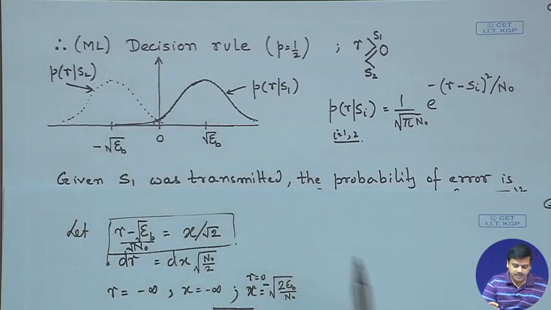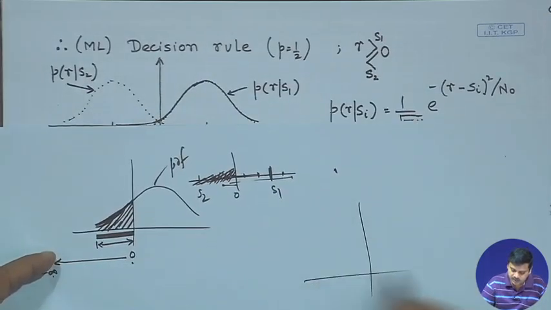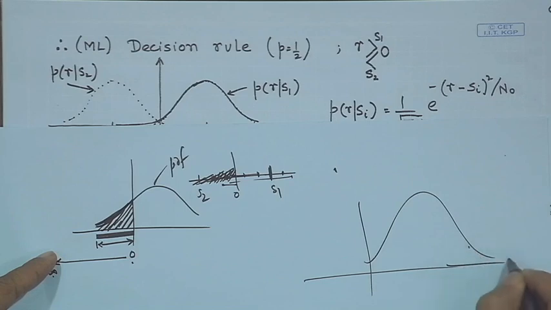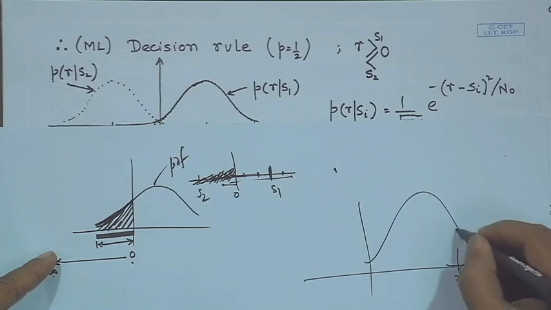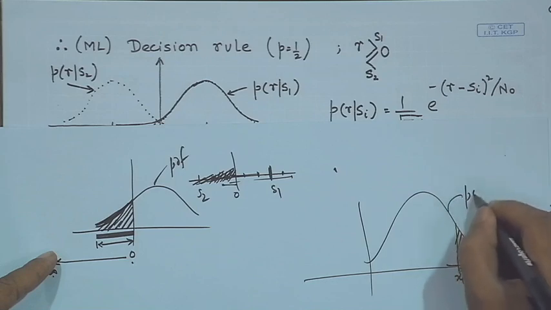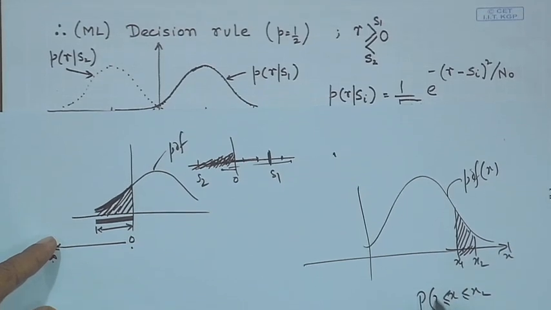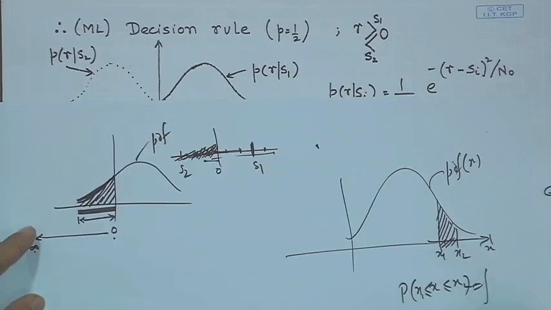As we said, if there is a PDF and you want to find the probability that the random variable lies in a certain interval x1 to x2, all you have to do is find the area under the curve of the PDF of x in the interval x1 to x2, and this gives you the probability that x lies between x1 and x2.